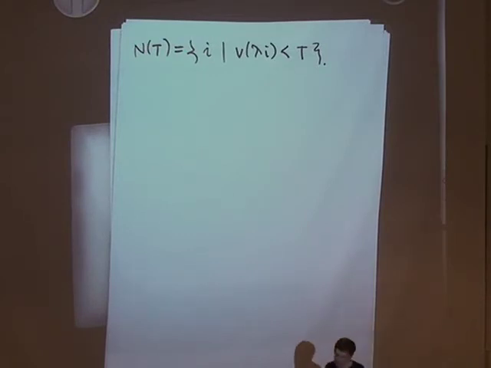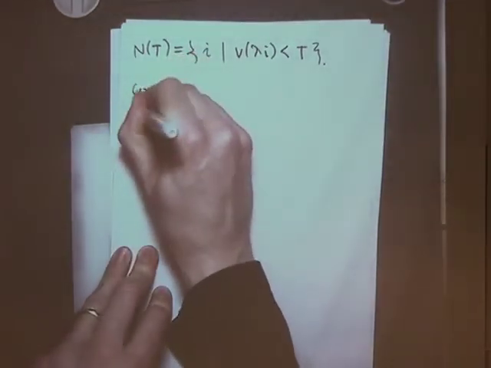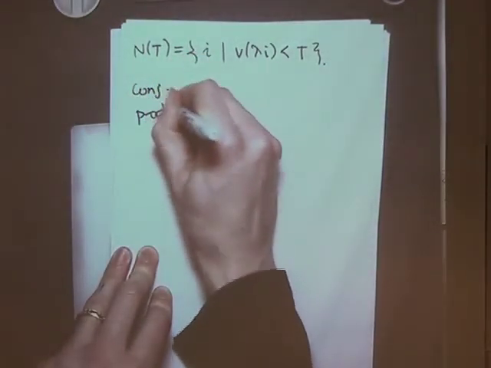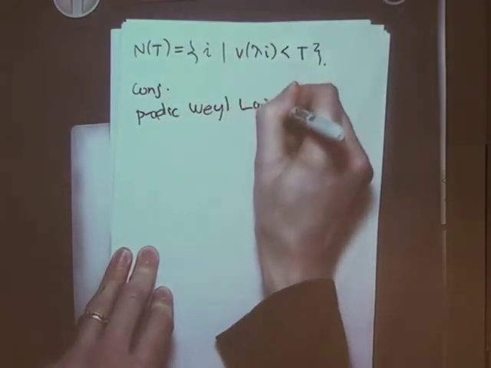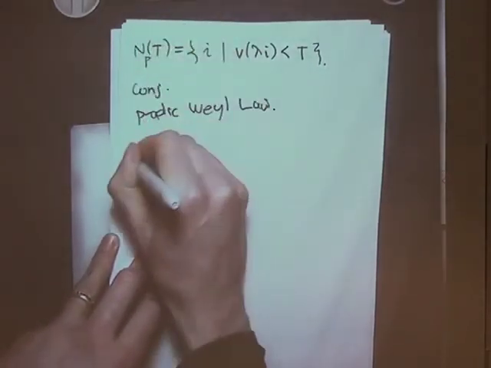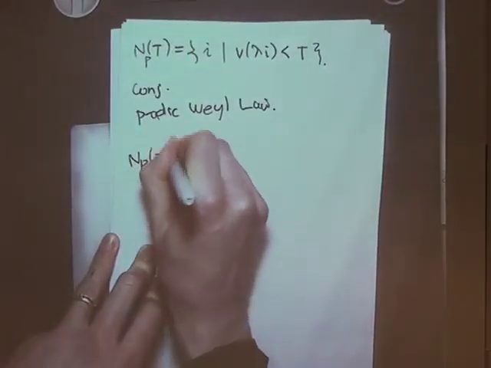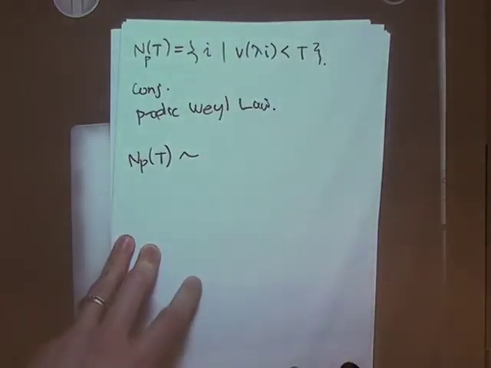On the other hand, you have the following conjecture, which I'll call the p-adic Weil law. I don't know if I should put Weil's law or not. And that says the following, or maybe I should put a p here, is that this is now proportional to something that looks quite similar.